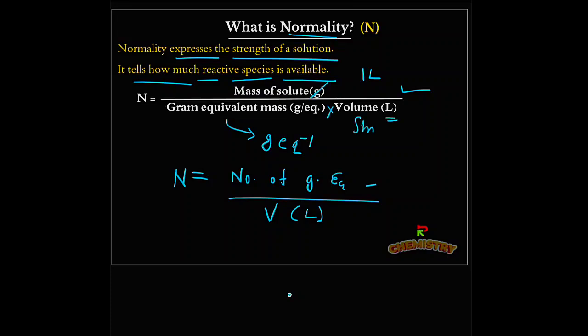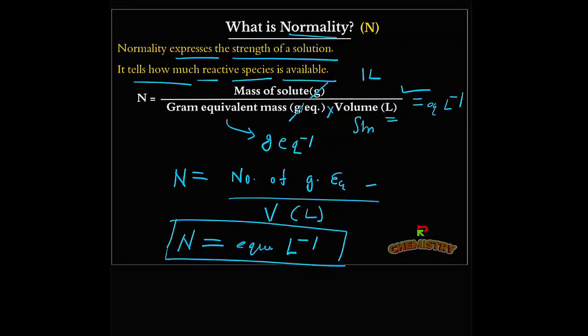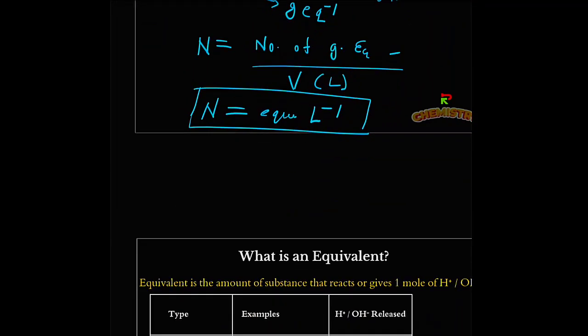If we cancel the gram of mass of solute with the gram of gram equivalent mass, we get the final unit as equivalent liter inverse, which is the unit of normality. So we have learned that normality is equivalent per liter. This is the basic form of normality and its unit. Okay, so let's move to the next slide.